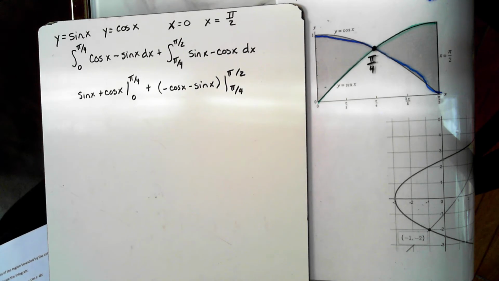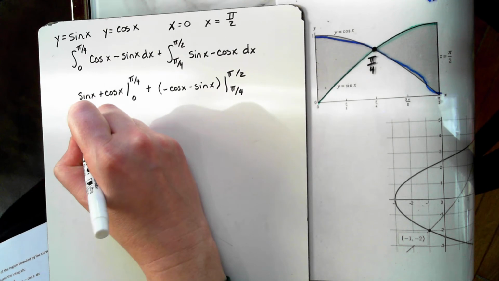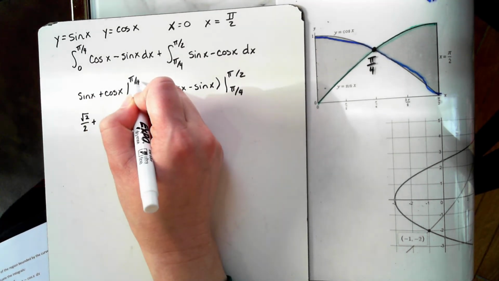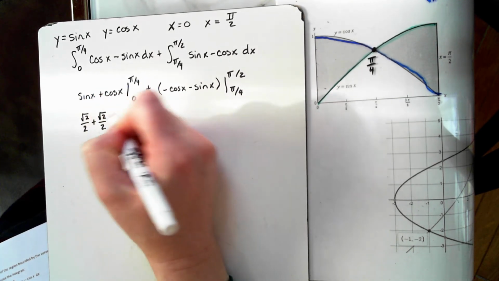Okay, so now what we're going to do is put in values from pi over 4 and from pi over 2. So at pi over 4, sine x is the square root of 2 over 2. And it's plus the value of cosine at pi over 4, which is square root 2 over 2.